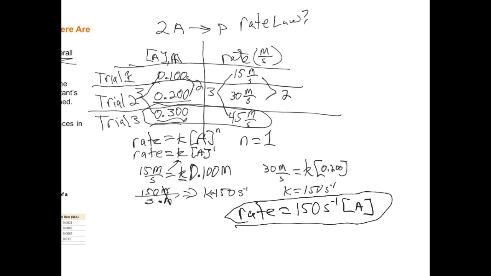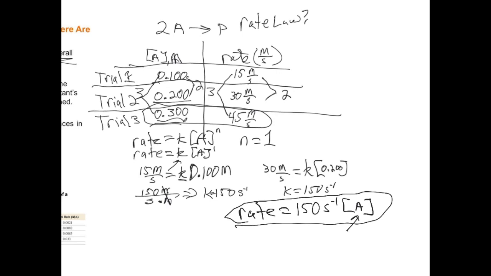And why this is pretty useful is, let's say I wanted to have a reaction go at a particular rate. Maybe it's an industrial application where I need a certain rate for a certain reason. Maybe I have to make a certain product at a certain rate for some process.